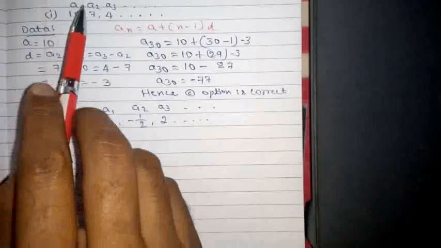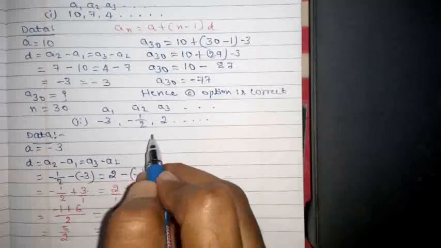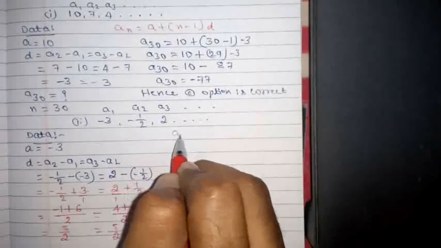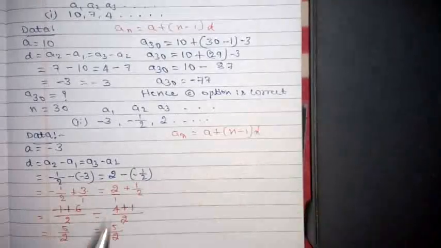Now you need to find the 11th term, so I'll write the formula. So therefore an is equals to a plus n minus 1 into d, right?